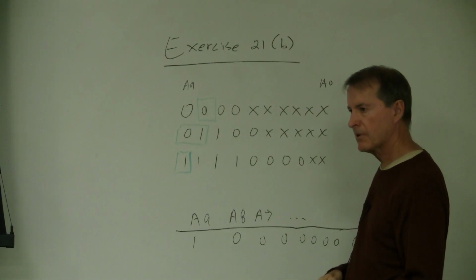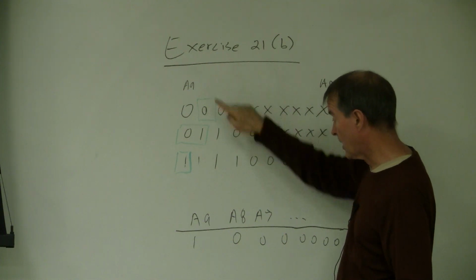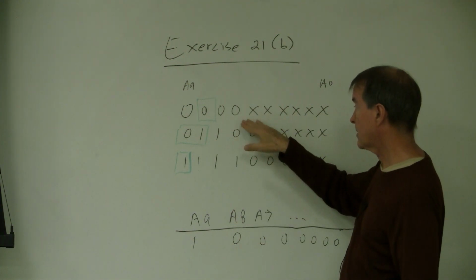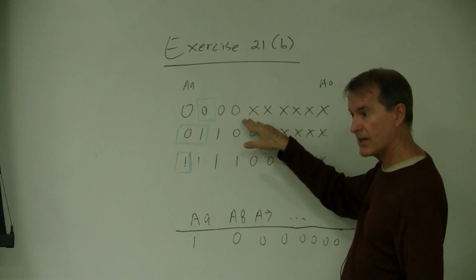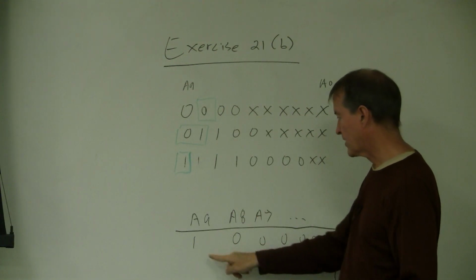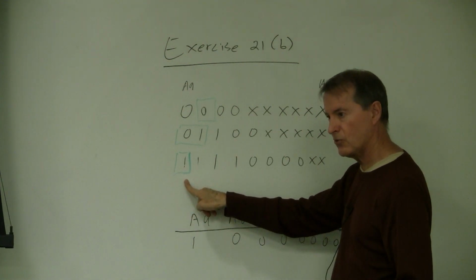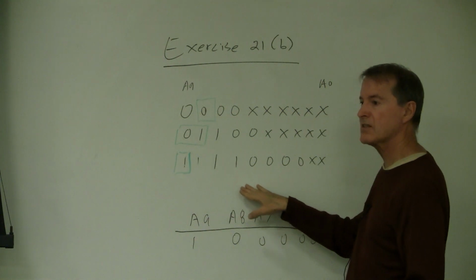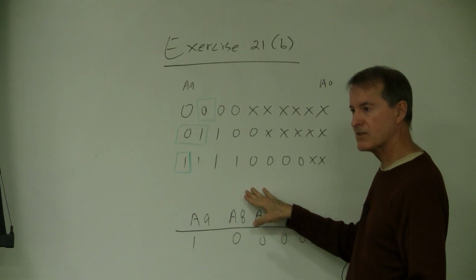Well, because there's a 0 in this, it would put the data lines of this onto the bus, and because there's a 1 here, and you're doing it this way, it would also put the data lines of this device on the bus, and that's a conflict.